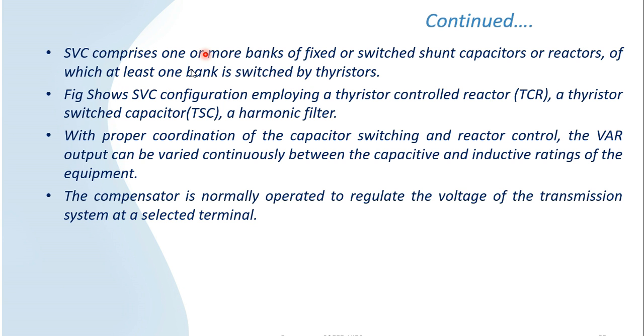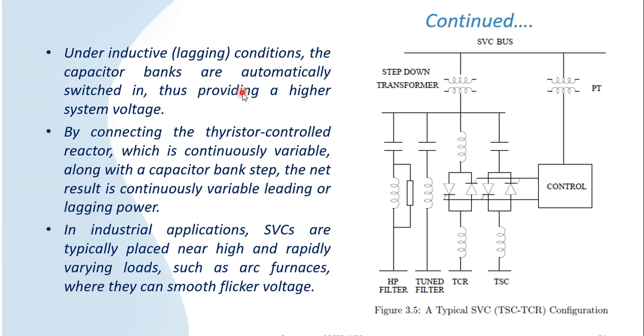An SVC comprises one or more banks of fixed or switched shunt capacitors or reactors, and at least one bank switched by thyristors. In this figure we can see the configuration of a static var compensator. It consists of two filters, a thyristor controlled reactor and a thyristor switched capacitor.